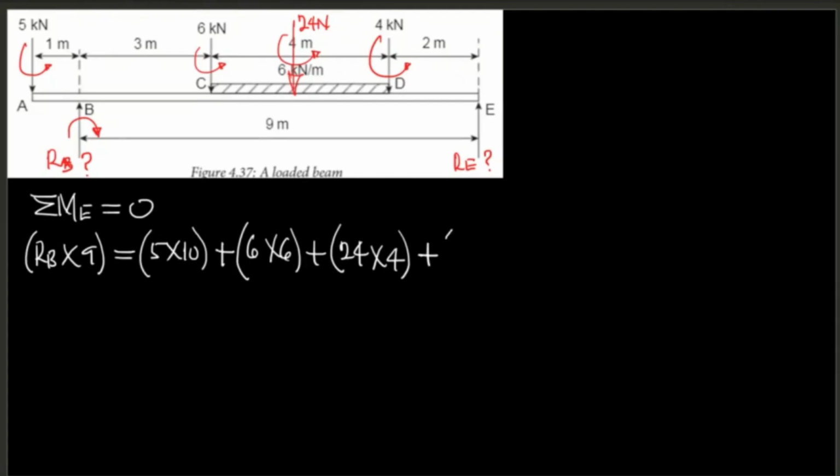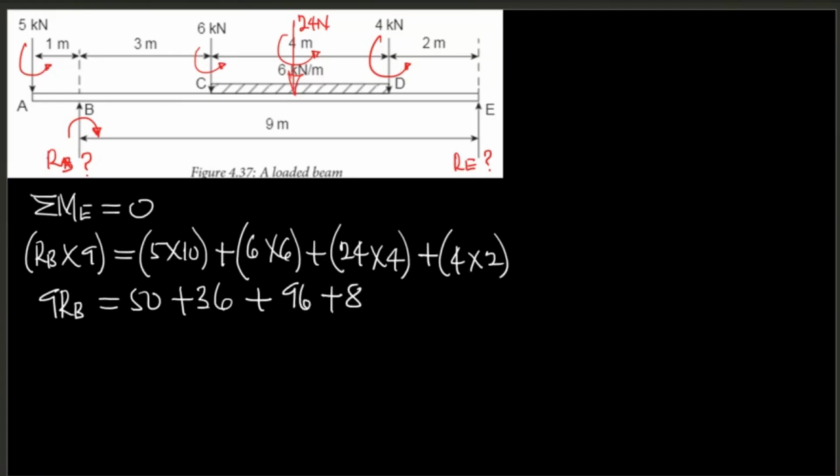Then I have another force there, which is 4, so plus 4 times 2. So 9RB equals 50 plus 36 plus 24 times 4, which is 96, plus 8.